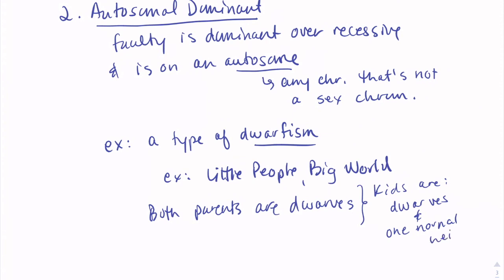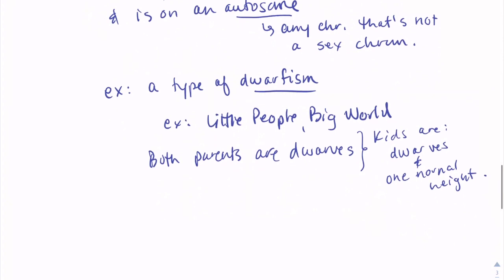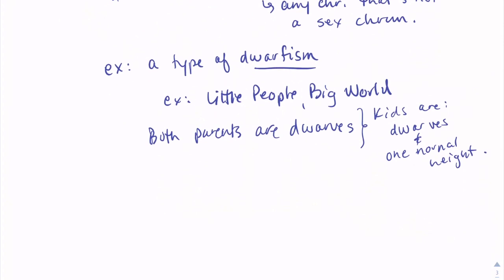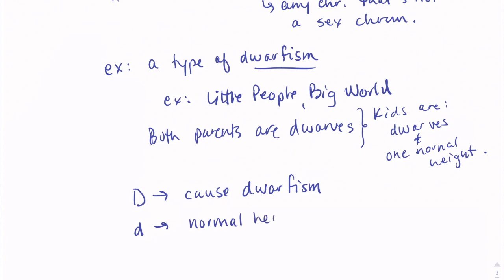This particular type of dwarfism is where the dominant allele causes dwarfism. And this time it's the recessive allele that causes normal height.